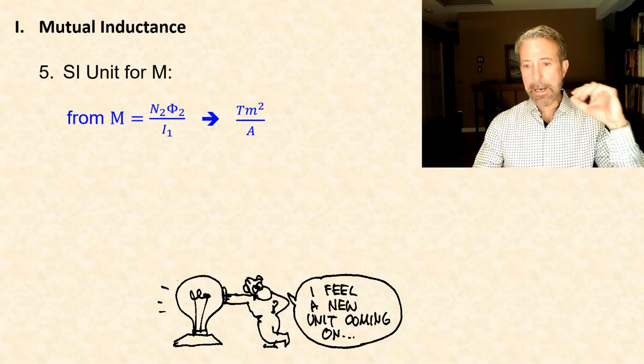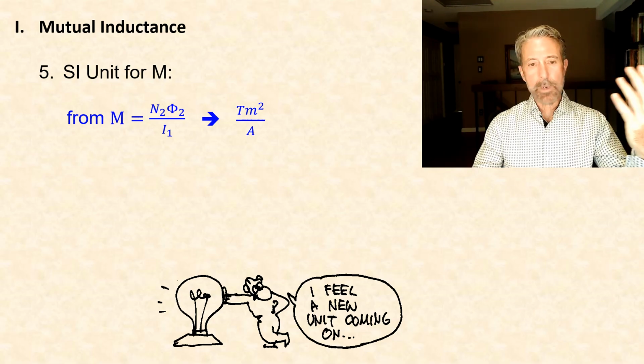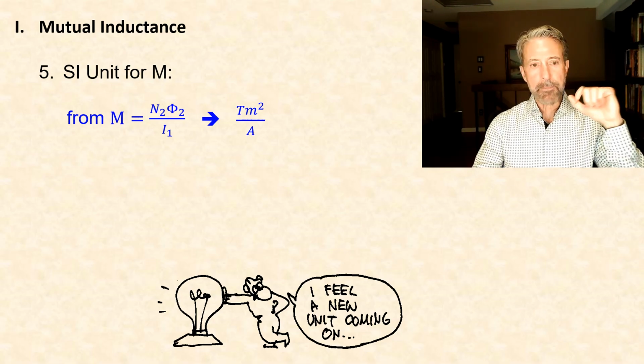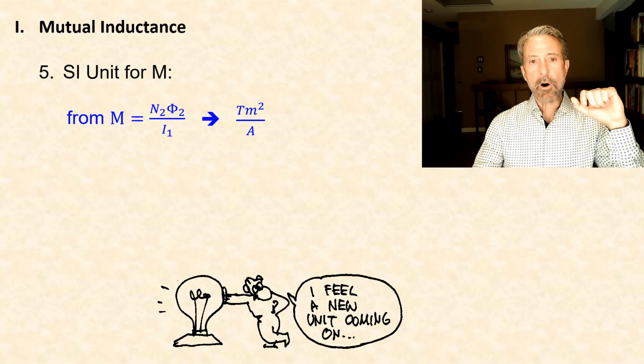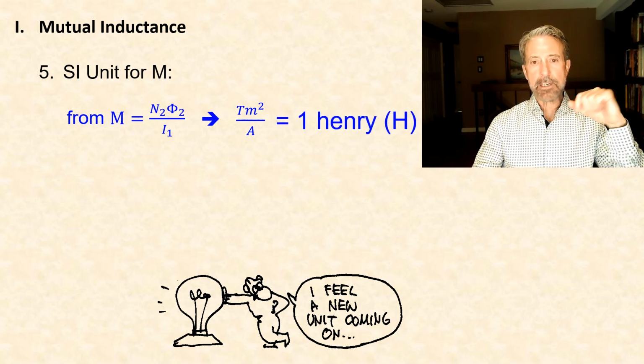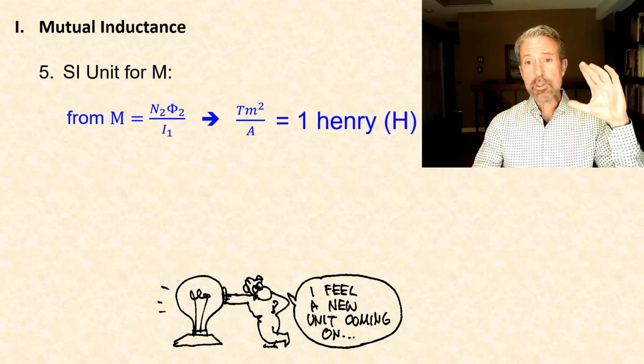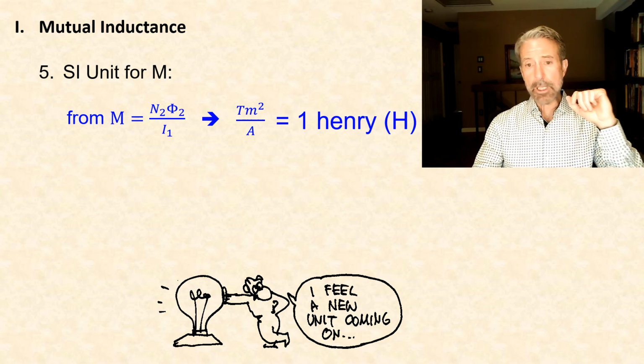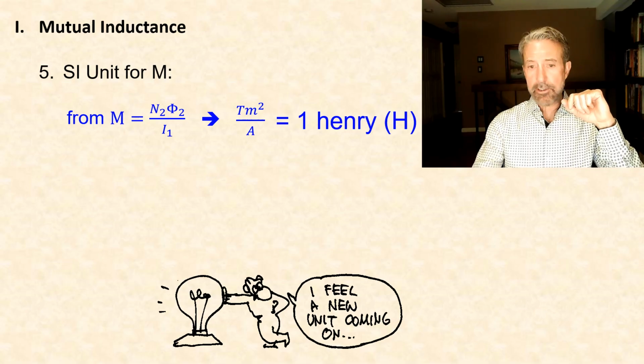We divide that by a current, whose SI unit is the ampere. So a tesla meter squared per ampere is what we call 1 henry, named after the great American physicist Joseph Henry. We symbolize the henry with a capital H.